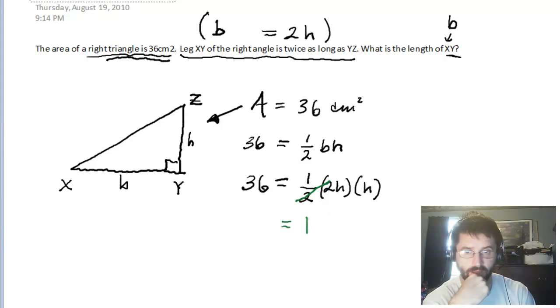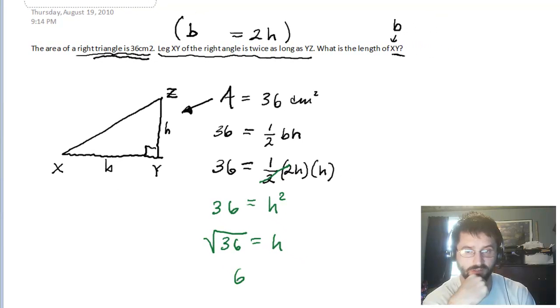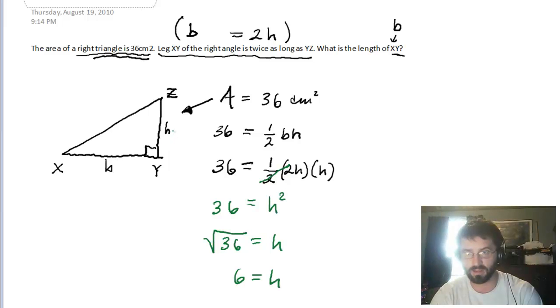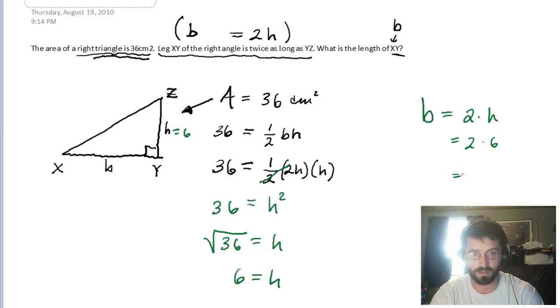We get that the height squared is 36, which means the height is the square root of 36, which is 6. It could be plus or minus 6 technically, but you can't have a negative height. So we'll call this 6. Now we know the base is twice the height, and the height we found was 6, so the base is 12.